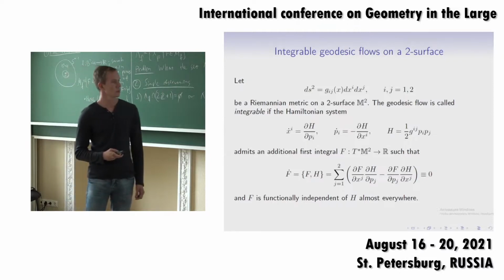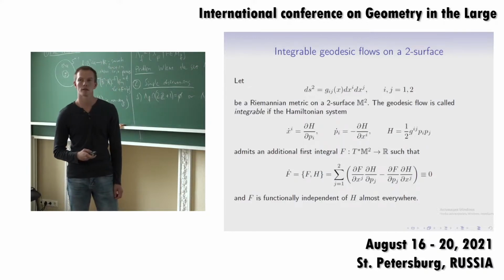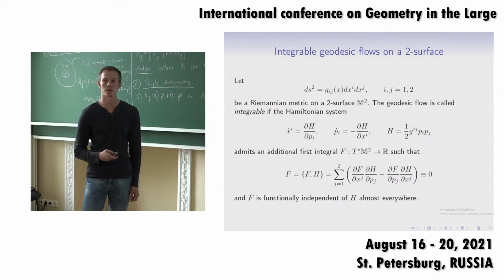As we know, the Arnold-Liouville theorem tells us about integrability, namely, such a Hamiltonian system is called completely integrable if it admits a complete set of first integrals, which are functionally independent almost everywhere.